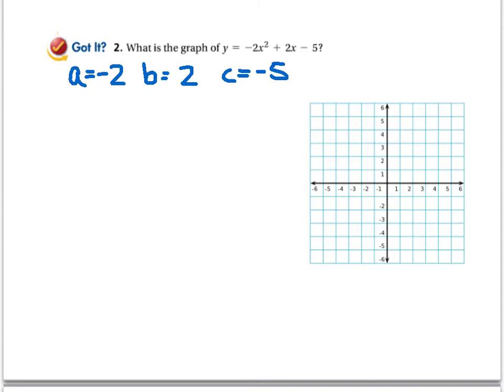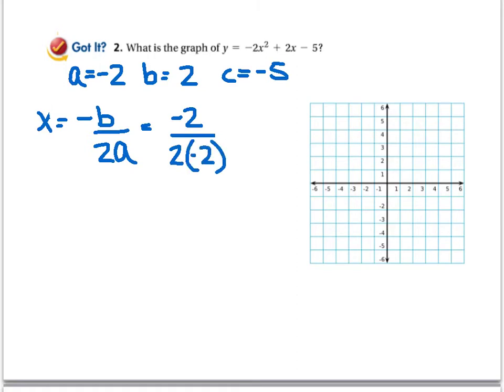Next thing we need to do is find the axis of symmetry, because that gets us on our way to finding the vertex. Find the x value. So x equals the opposite of b over 2a, which would be negative 2 over 2 times negative 2.